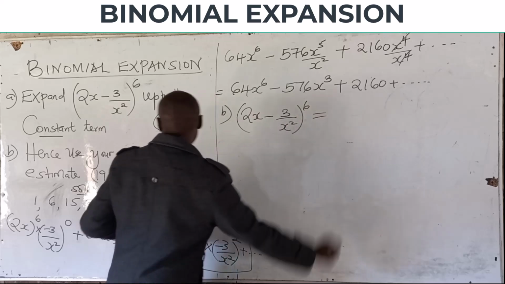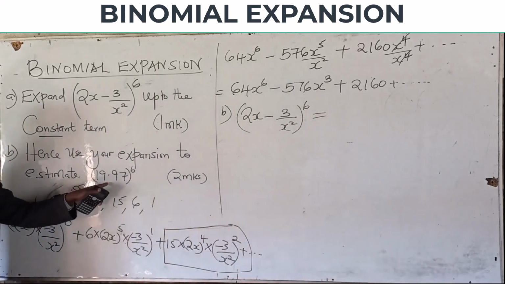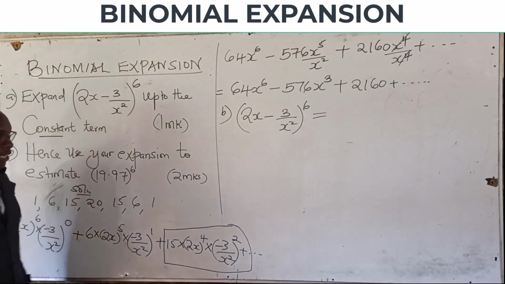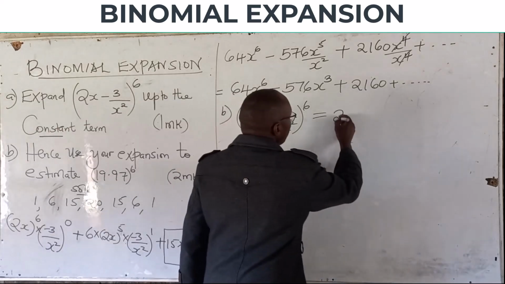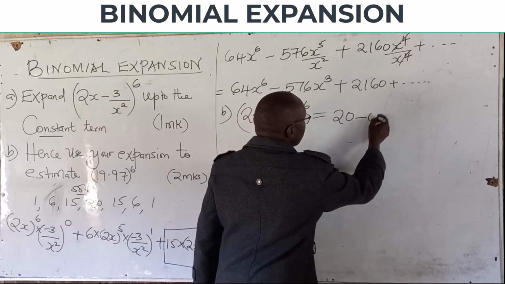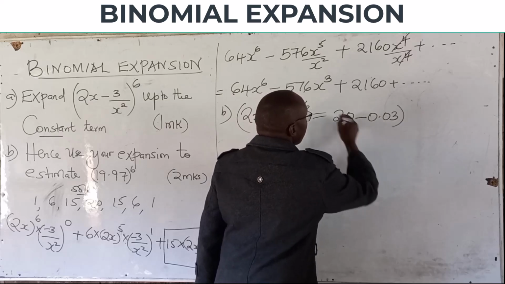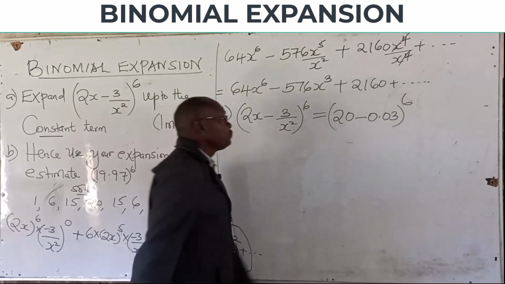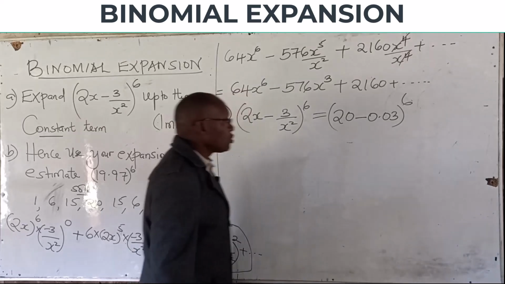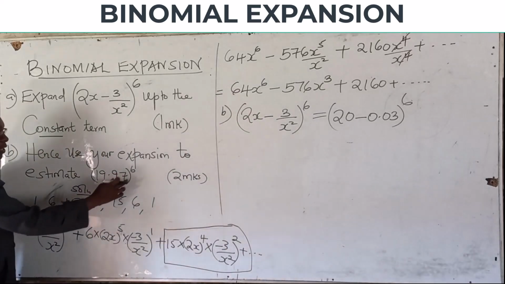We quit with this one, 19.97. If we split that one into 2, we shall get 20 subtract 0.03 raised to power 6. You see the same? 20 subtract 0.03 is the same as 19.97.